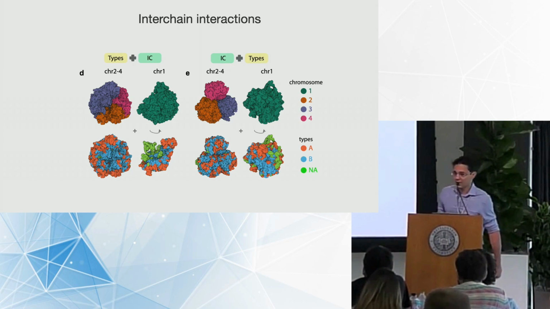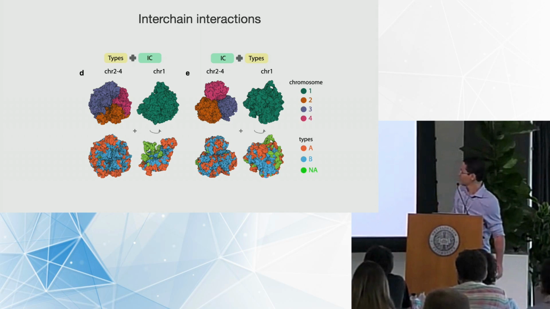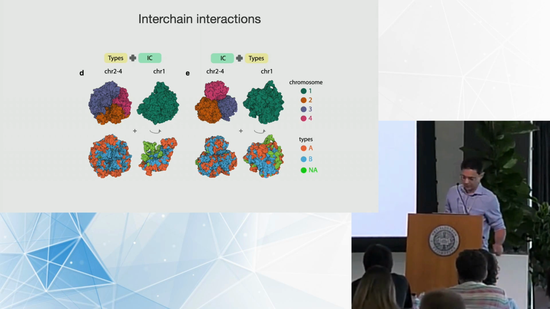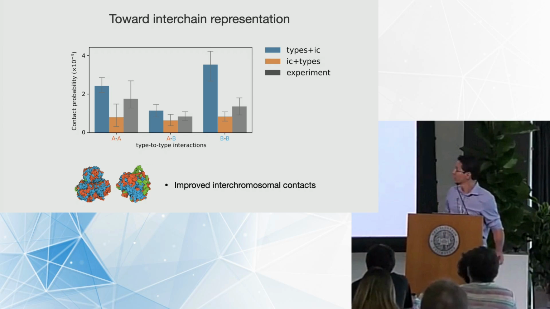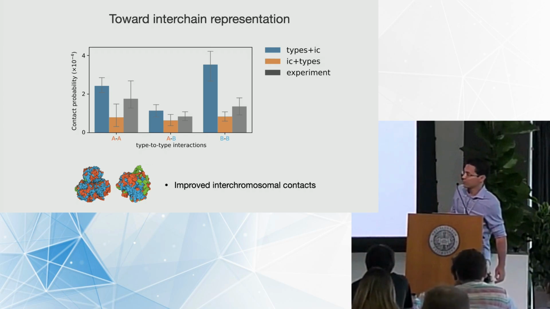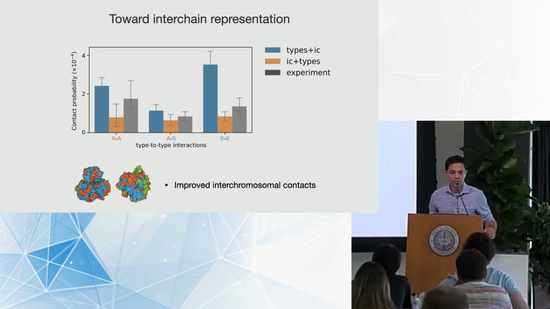And another thing that I want you to notice is that at the interface between the chromosomes, now instead of having all of the B's interacting like this, we also have some A's in between. And what I want to get with that is the representation of the interchain interactions. So here, with the original MiChroM, we have an overestimation of the interactions between A's, which are the loci that are more exposed.